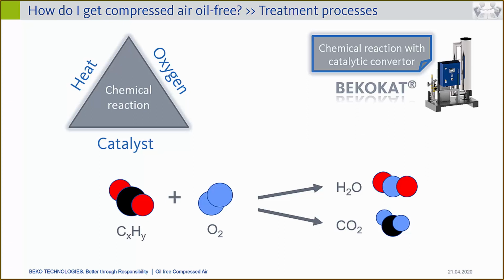As already mentioned, the process is temperature controlled, and each BEKOSPLIT has inlet and outlet valves. These valves will be activated if the temperature limits are exceeded. That means that there is no more air for the production. For some people that sounds bad, but the good point is that there is no risk of oil contamination for the production.